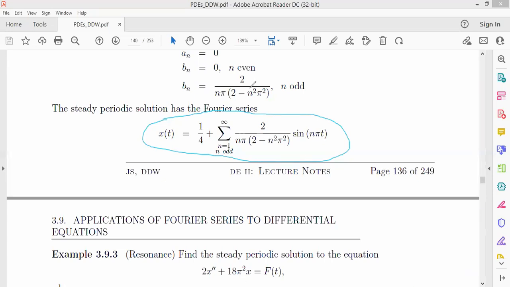I differentiated with them there. Otherwise, in the final simplification, you wouldn't get Bn and An and n naught. There is no way we would have had the coefficients in the final expression.